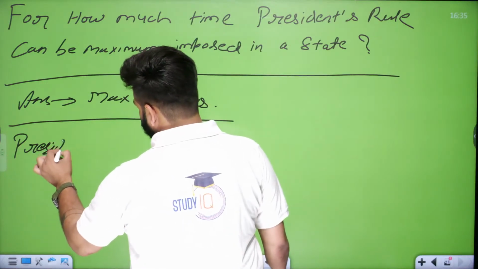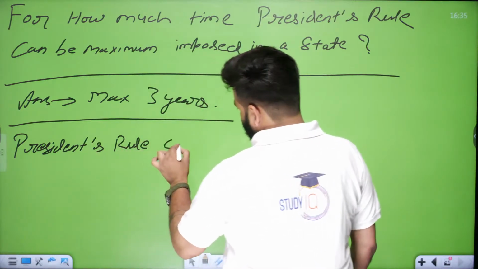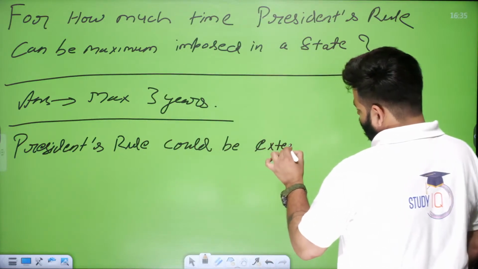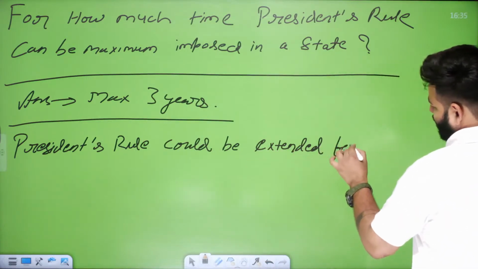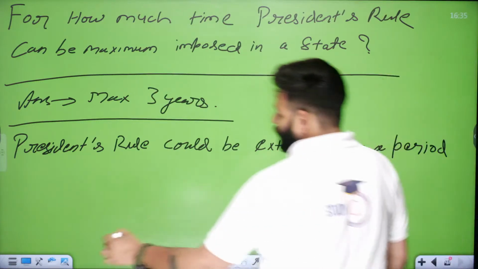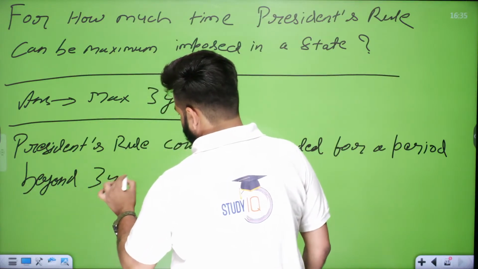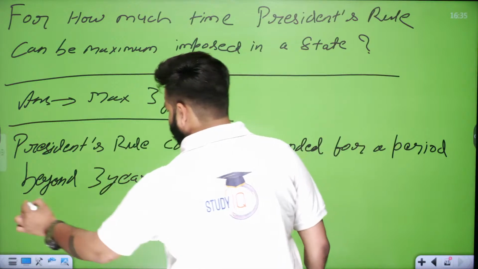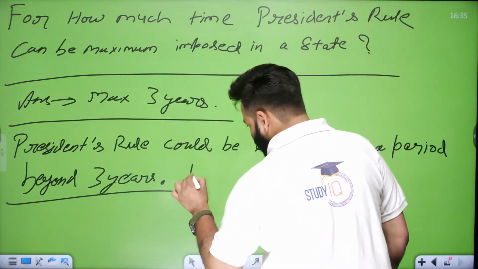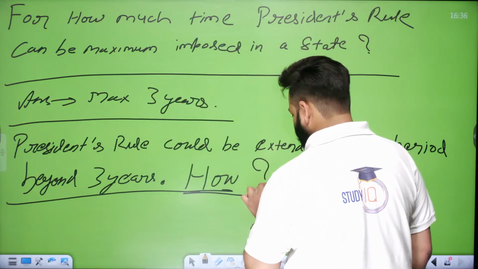President's rule could be extended for a period beyond 3 years. Okay, yes, it can be. Right? Now you will have to tell me how. So this is homework for you guys.